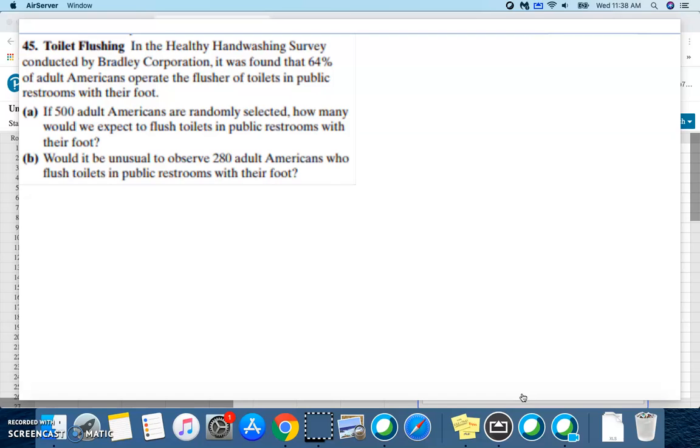In a healthy hand washing survey conducted by Bradley Corporation, it was found that 64% of adult Americans operate the flusher of the toilet in public restrooms with their foot. So that's going to be our probability of success, 0.64. If 500 adult Americans are randomly selected, how many would we expect to flush toilets in a public restroom with their foot?